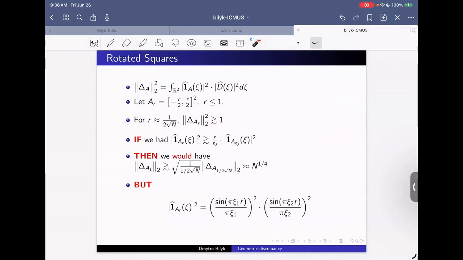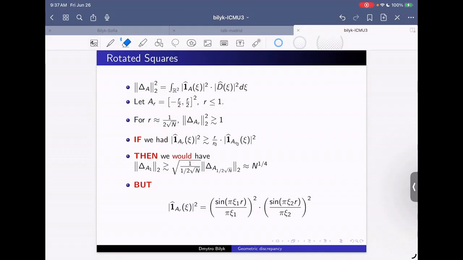Now assume we could prove the following. Let this be R naught. Assume that if we increase R, increase the size of the square, this geometric component grows at least linearly in R. Then you could go from this side length to roughly a constant, say 1/4 or something like this.